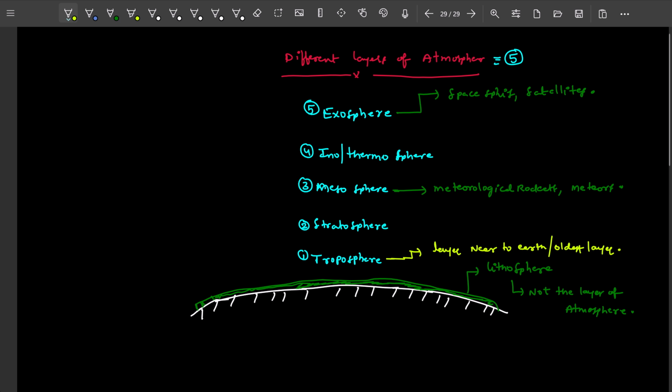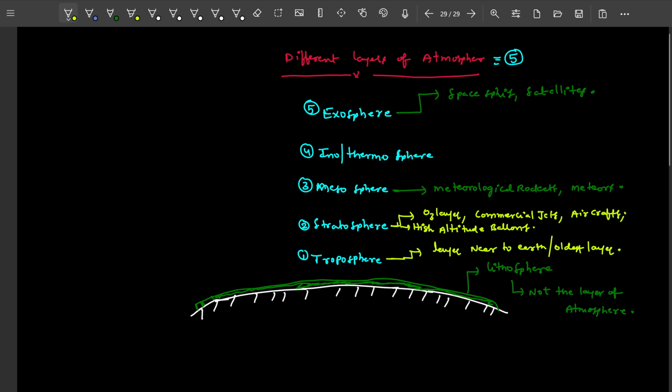Then this stratosphere. In this stratosphere we are going to find the ozone layer, and also commercial jets, aircrafts, and high altitude balloons are located in this stratosphere only.